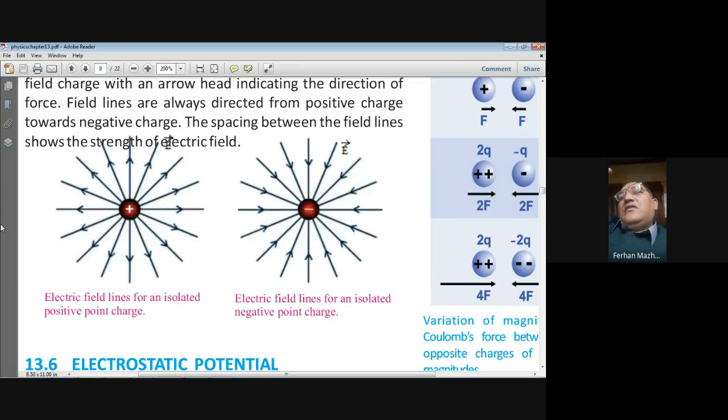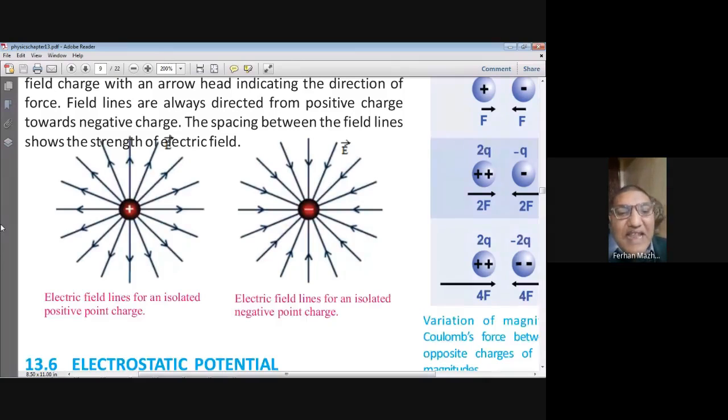With the help of these lines, I can also describe the electric field intensity. If in a place the electric field lines are close to each other, the distance between the two lines is smaller. Wherever the electric field lines are concentrated, in that region the electric field is strong.